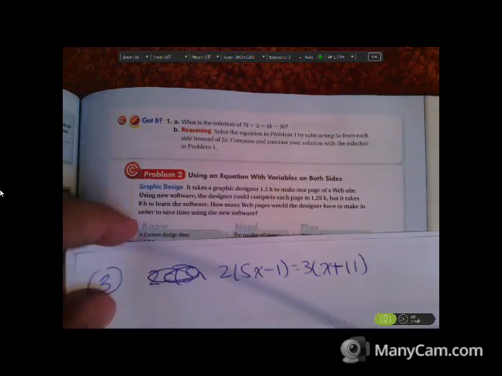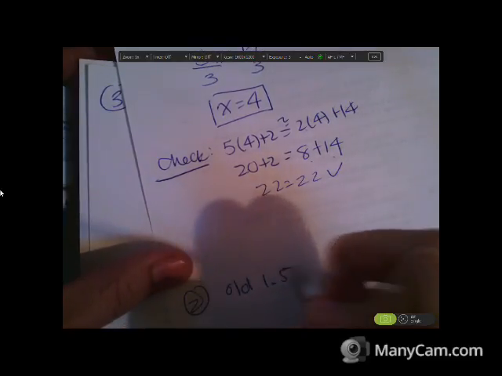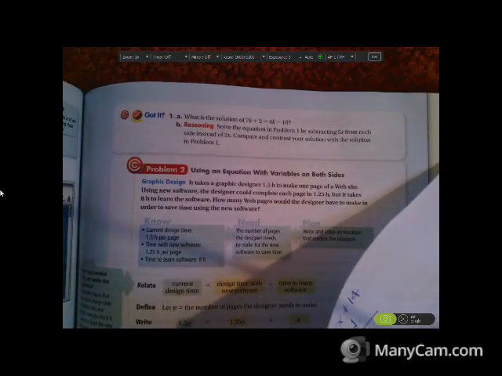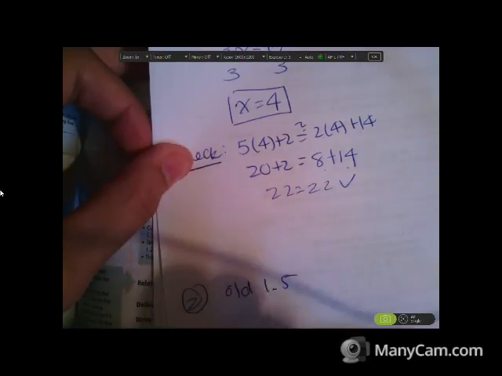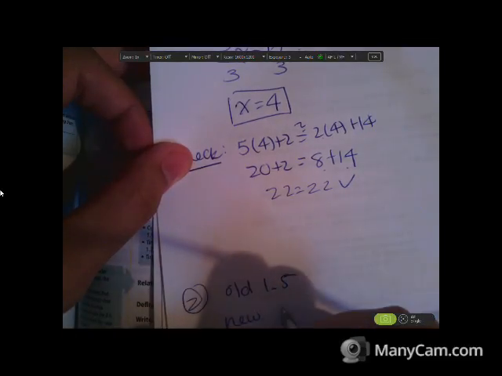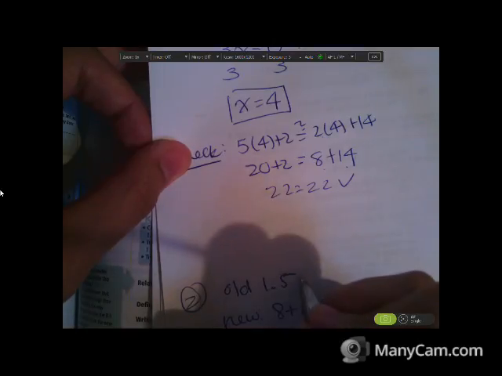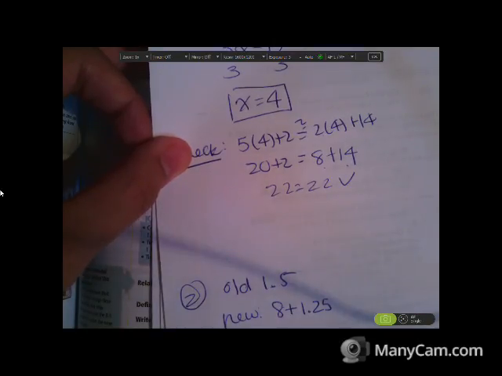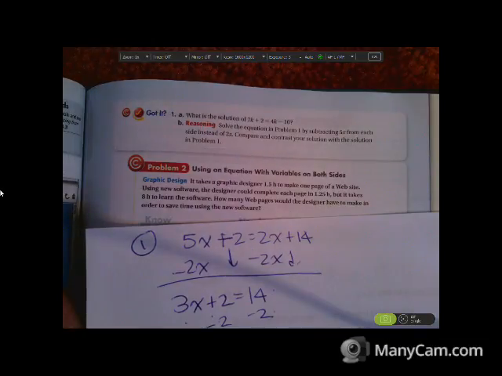So therefore, using the old one takes 1.5 hours, right? And the new one takes 8 hours plus 1.25 hours. Alright, so what we're trying to find is how many web pages.